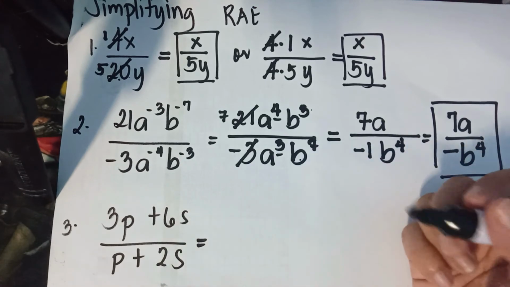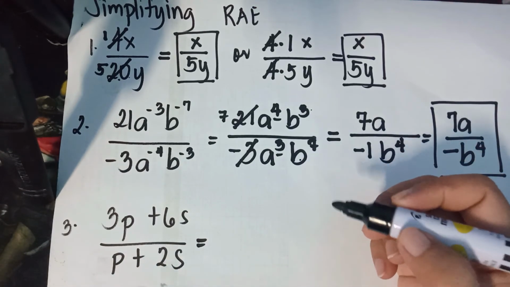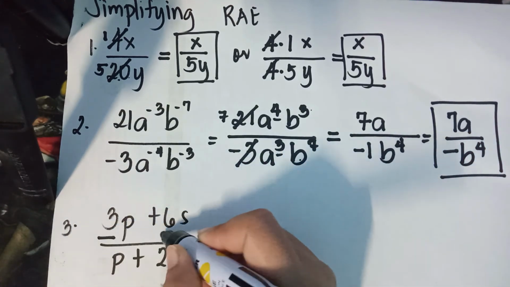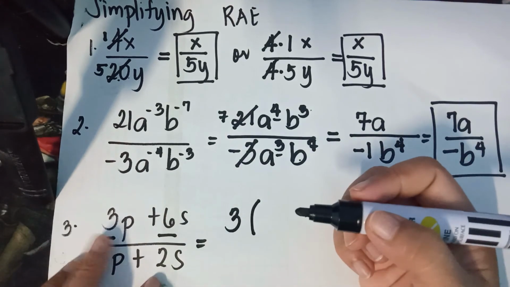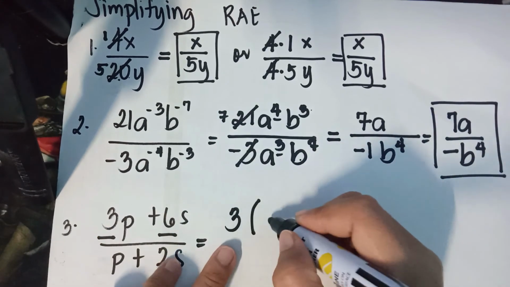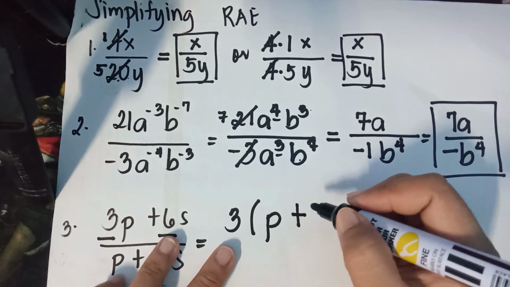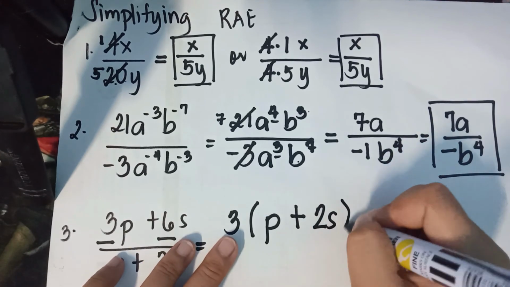Next, number 3. If given is a binomial, all you need to do is factor out. Use the GCF. Common between 3 and 6, that is 3. Next, 3p divided by 3, the answer is p, plus 6s divided by 3, that is 2s.